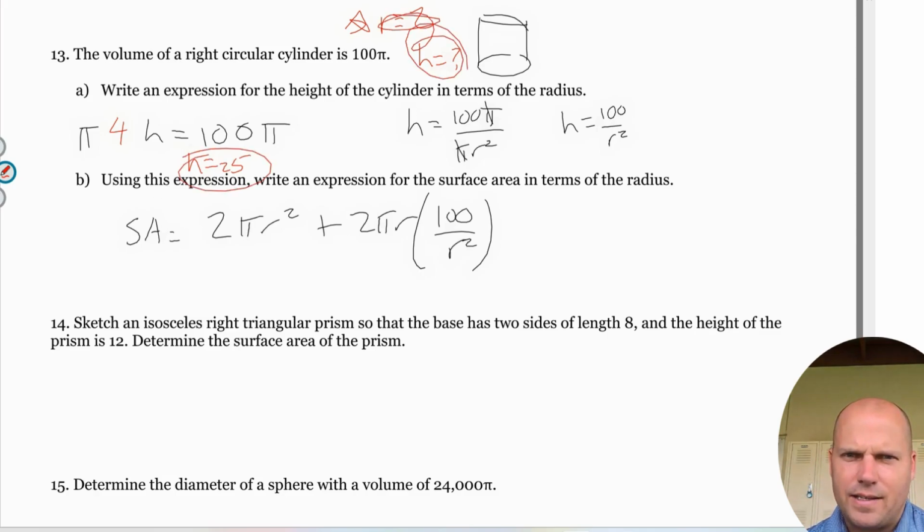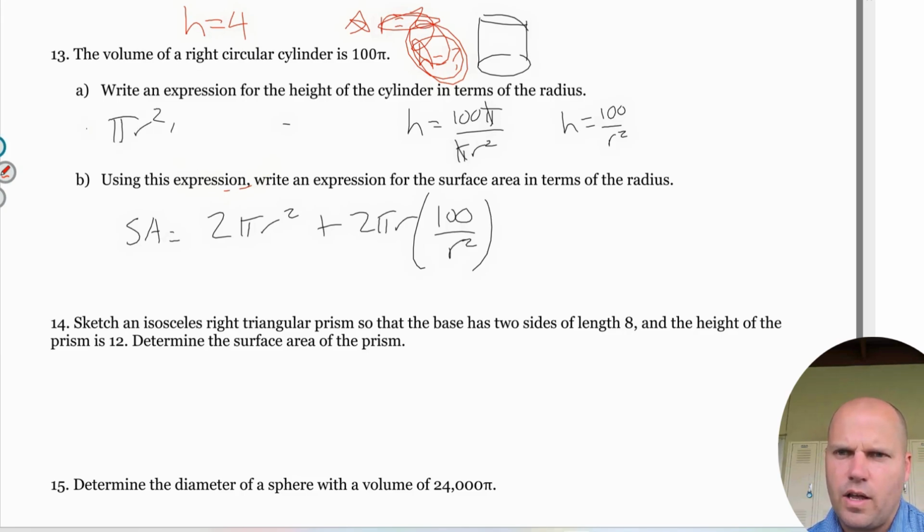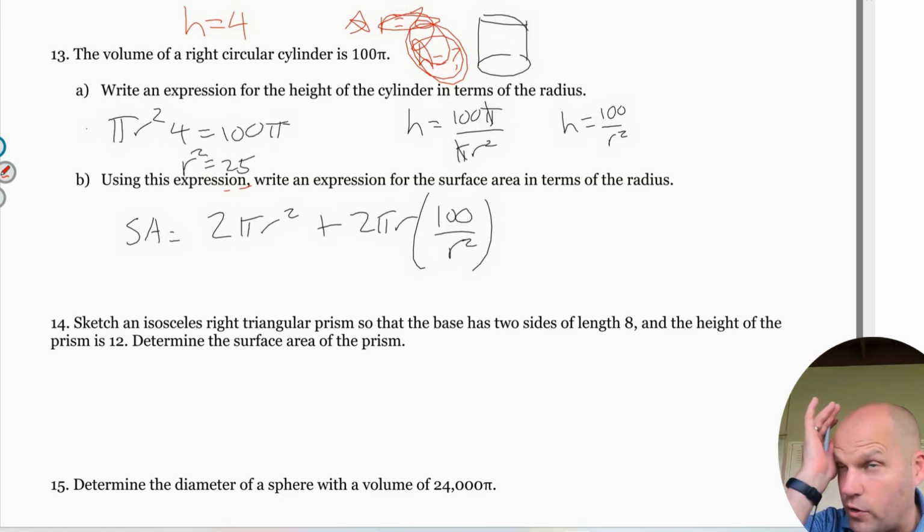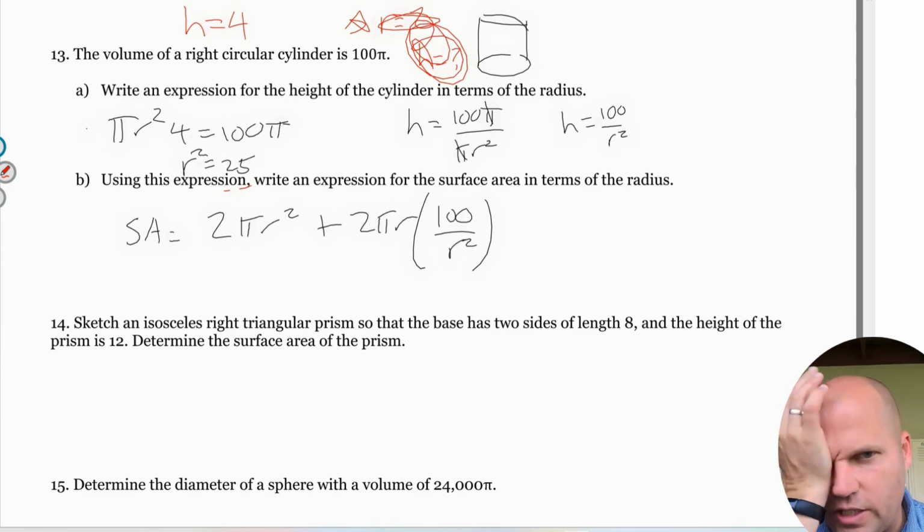Or I might give you that the height was 4, and then you want to find the radius. You'd say pi r squared h equals 100 pi. I divide by the 4 and the pi. I get r squared equals 25. Oh, r is 5. So just different questions like that, you'd probably see.